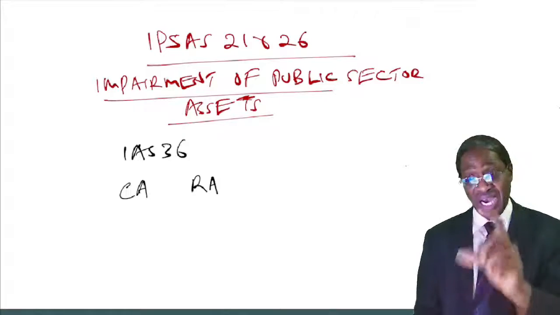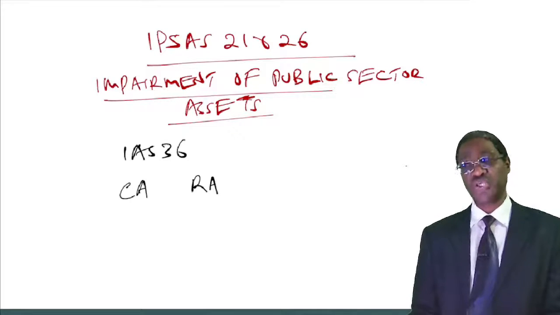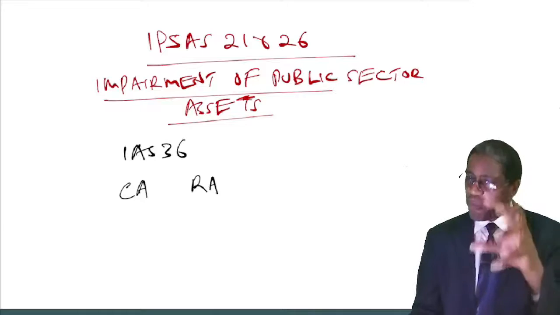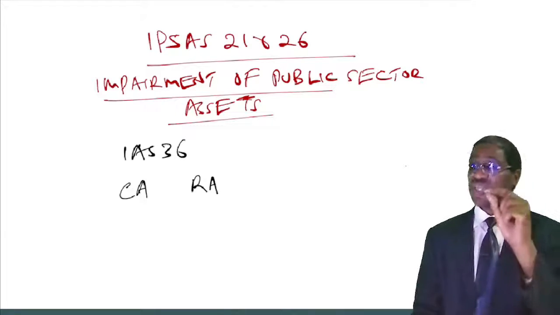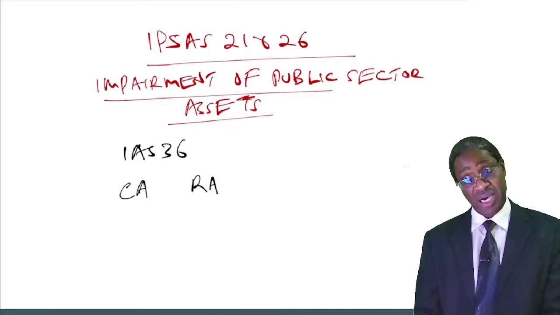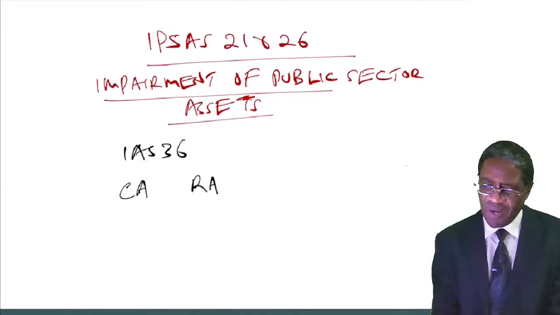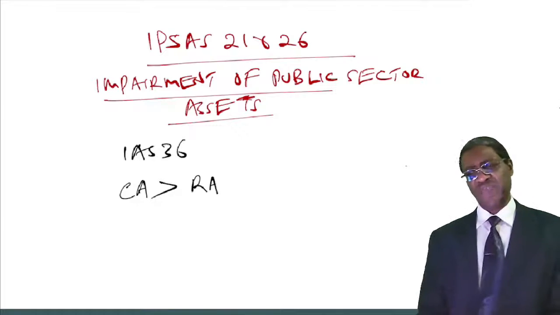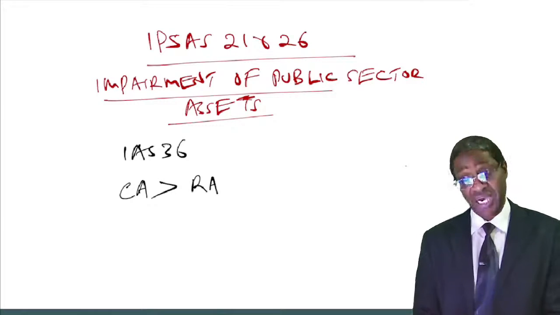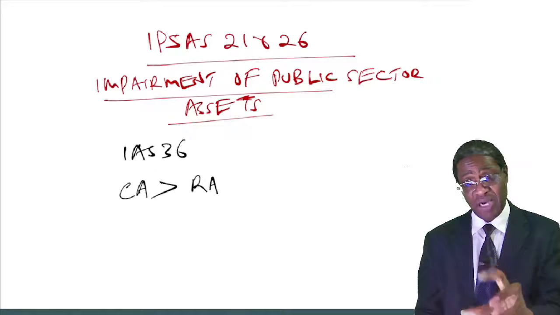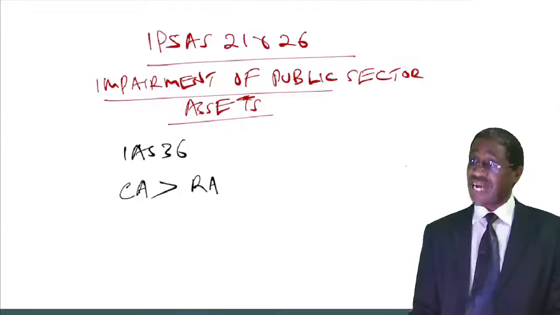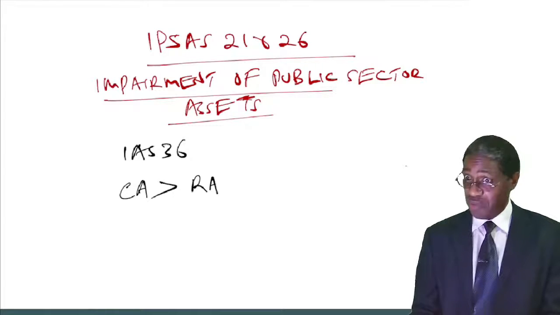To know whether an asset has suffered an impairment loss or not, you compare the carrying amount of an asset with its recoverable amount. And we were saying, if the carrying amount of an asset is higher than its recoverable amount, then we say that asset has suffered an impairment loss.